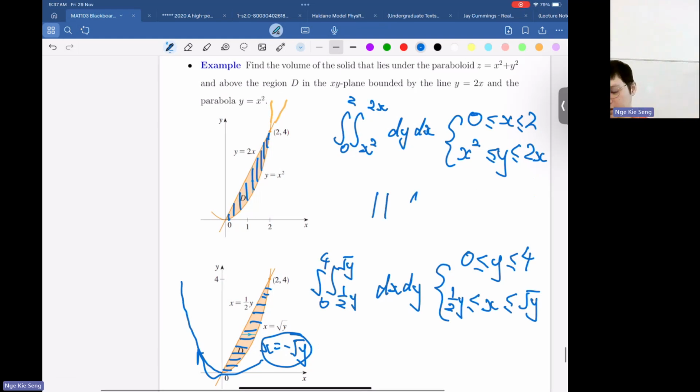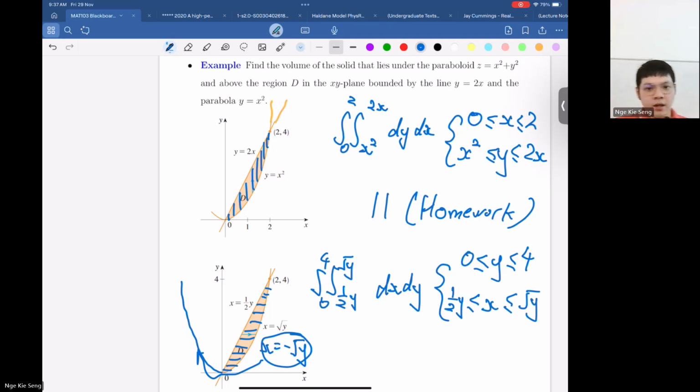Try to compute the actual integral. Should we try a few more?